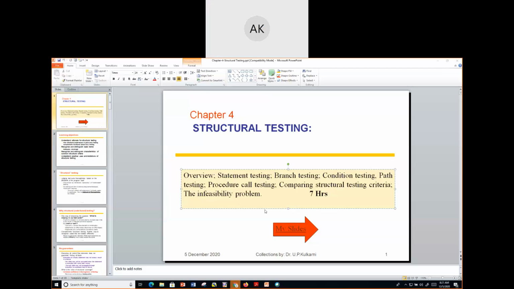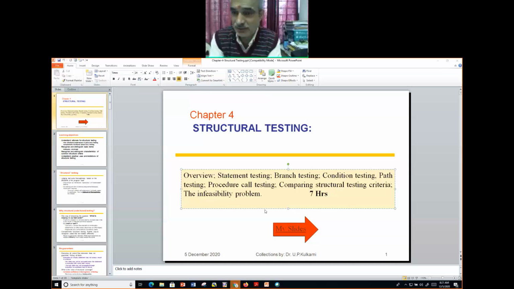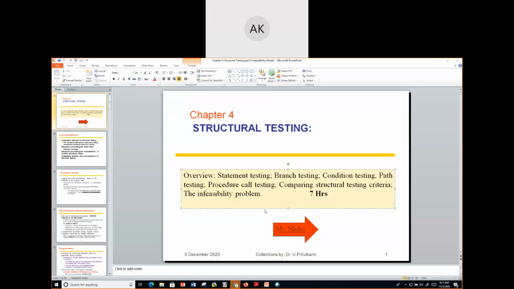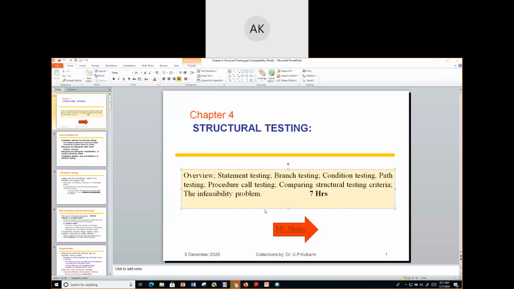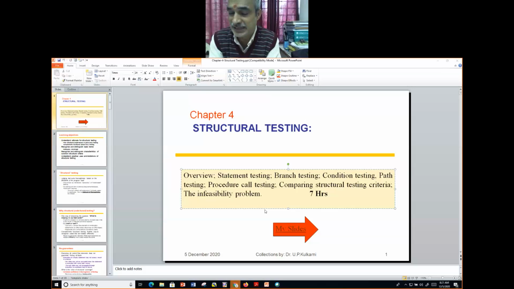Second one, identify the cyclomatic complexity number of the graph.